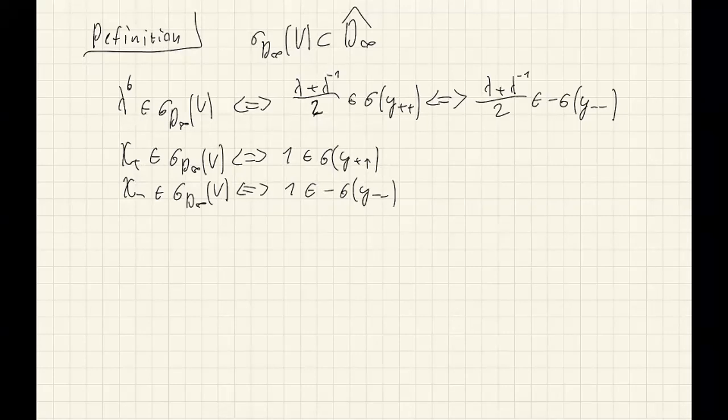So Xi minus is in the spectrum if and only if minus 1 is in the spectrum. And the same for Xi plus, but I won't write it.